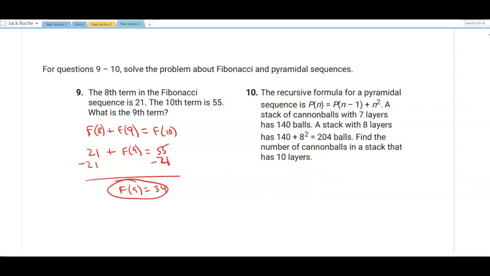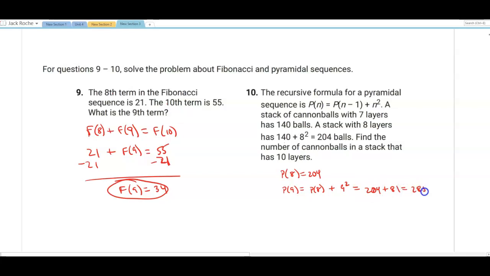Right away here, you know P of 8 is equal to 204. You know P of 9 now would be whatever P of 8 is plus 9 squared. And what is P of 8? 204. And what is 204 plus 81?